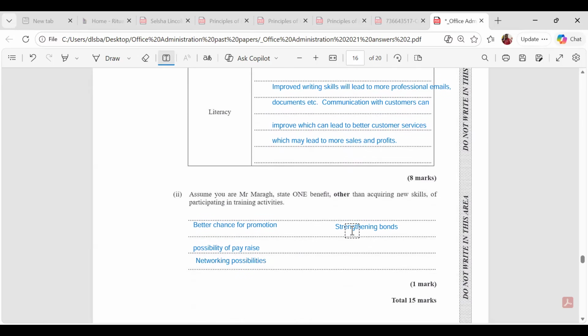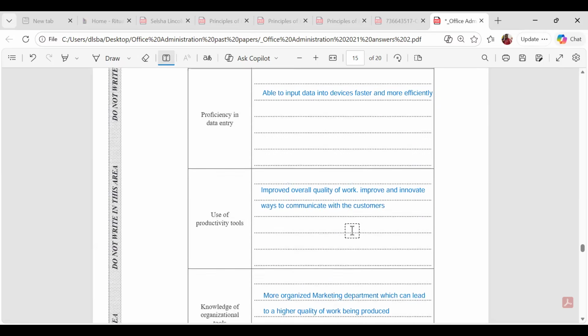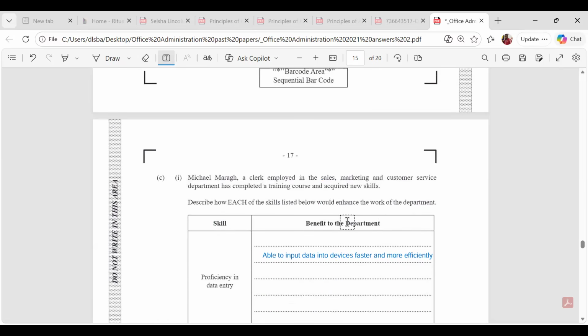And then here they say, assume you are Mr. Murad, state one benefit other than acquiring new skills or participating in training activities.